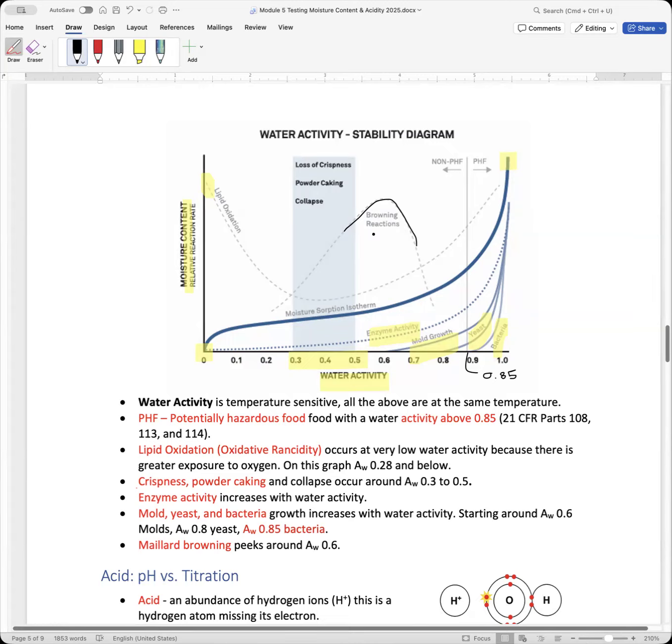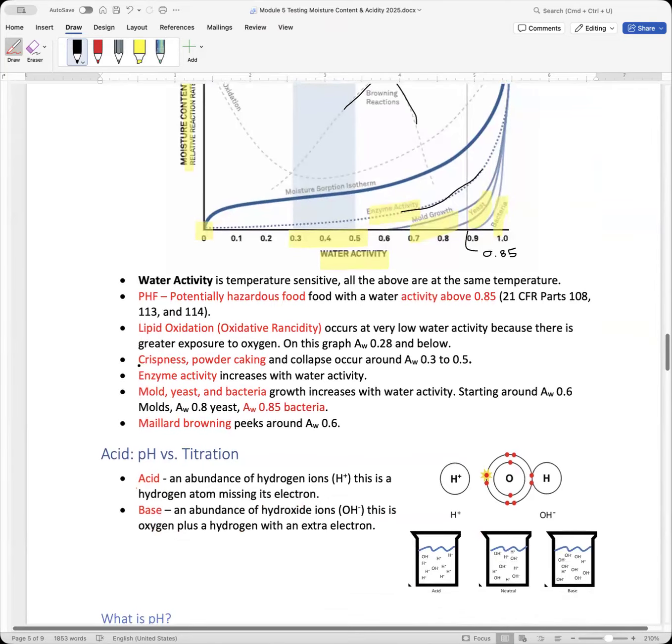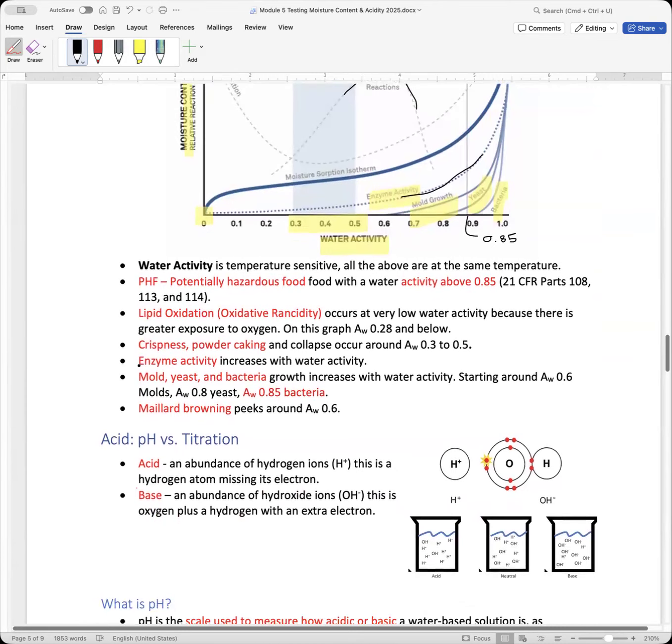Enzyme activity: see what happens to the enzymes as the water activity increases. Hearing nothing from student land, I will move on.